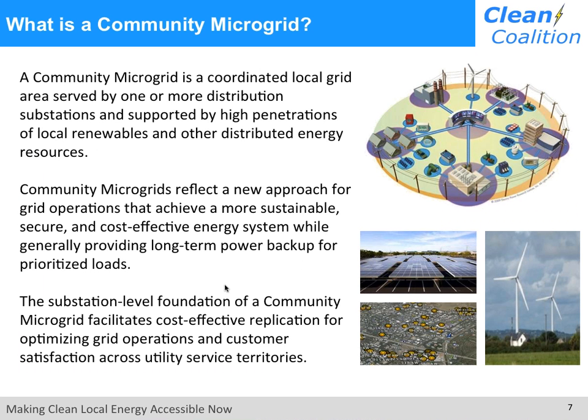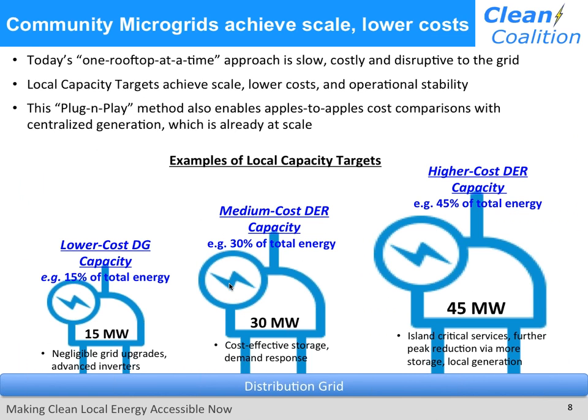So what is a community microgrid? The formal definition that we provide, and there are lots of microgrid options out there that are being considered and deployed. A community microgrid really is a coordinated local grid area that's served by one or more distribution substations, supported by high penetrations of local renewables and other distributed energy resources. So to differentiate a microgrid from a community microgrid, it really spans quite a wide area in the community through one or more distribution substations.